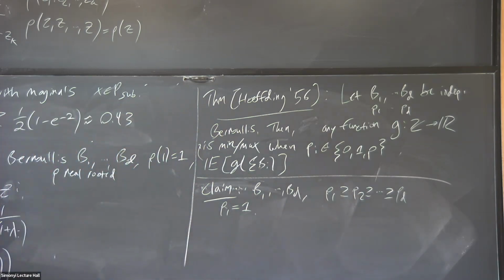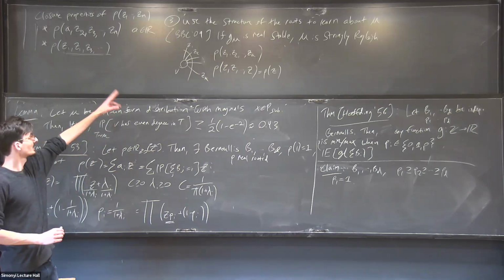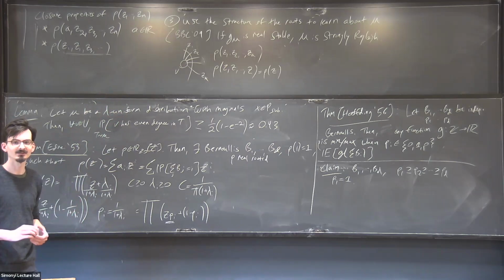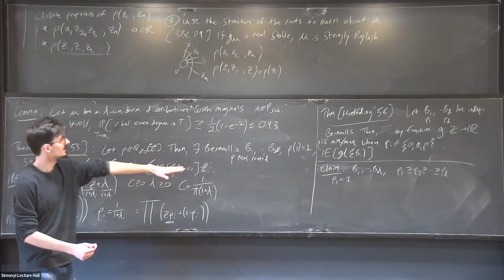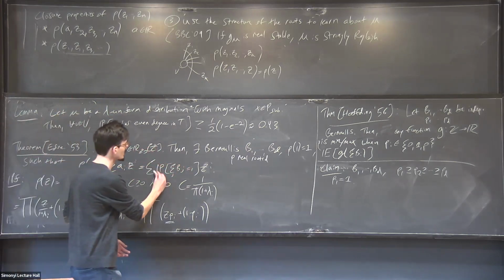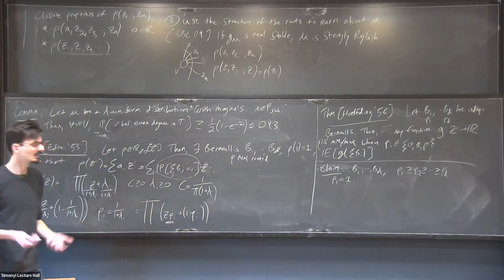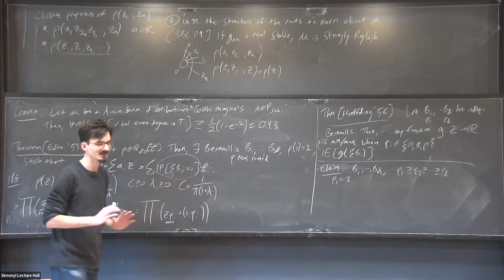Does anyone see why this is true? So one of the Bernoullis, if I'm looking at the degree of a vertex, has to be 1, because one of them is in the spanning tree. Yeah, so these Bernoullis don't correspond to edges, but we have to have that the constant term is 0.